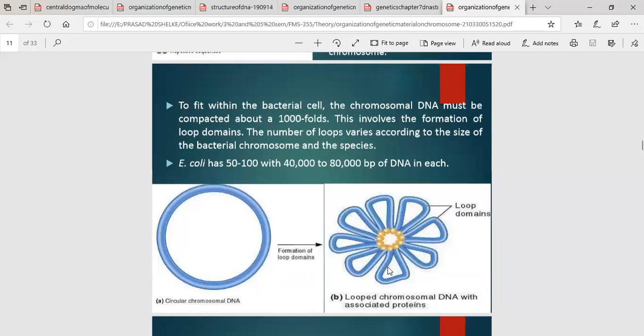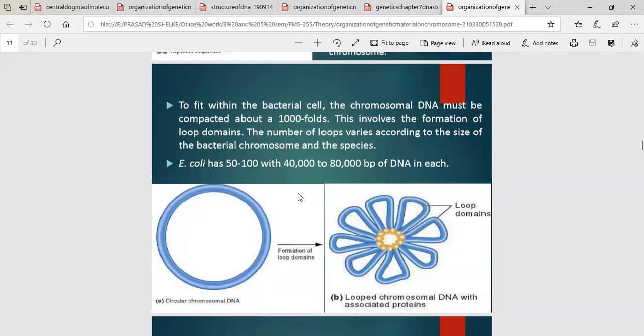So in the compacted form of bacterial chromosomal DNA, you can see loop domains. These kinds of domains form, all for the purpose of fitting into the bacterial cell.